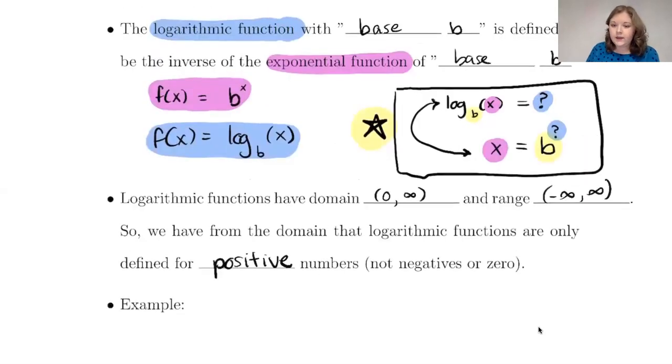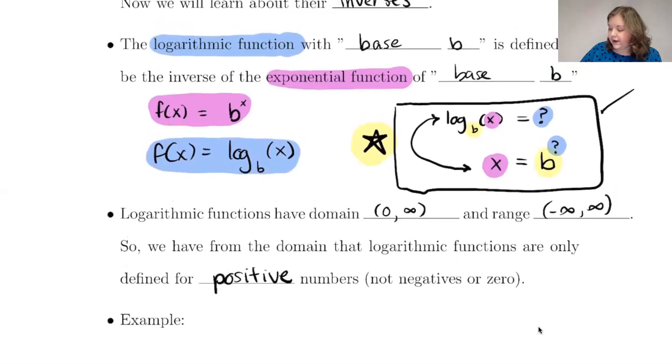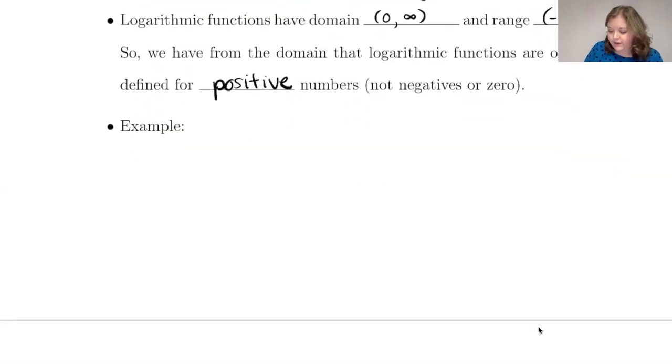Okay. And so this property here, where we're rearranging the logarithmic function into an exponential function, here's an example of that. We have log base 2 of 16 equals 4.